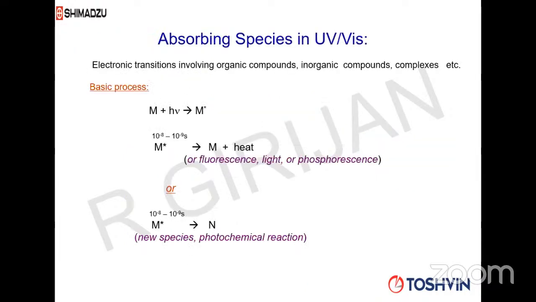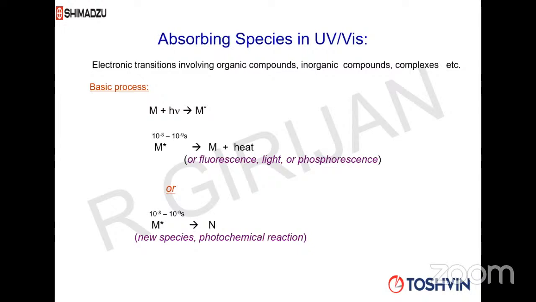Suppose my molecule is M, and I expose it to a certain radiation, h nu. That's energy. There are two different possibilities, two different scenarios. First, my molecule can absorb a certain quantity of energy, h nu, and go to an excited state. M is getting converted into M star.